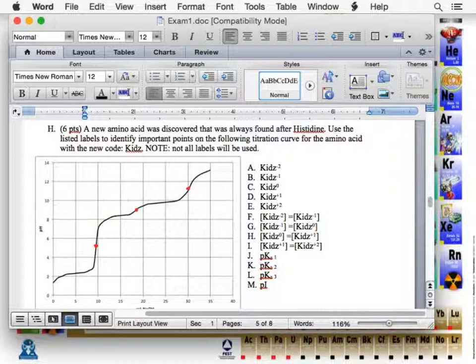And at our half equivalence point, what do we know? We know our pKa is equal to our pH, so at half equivalence point 1, I have pKa 1. Then I have pKa 2. And I have pKa 3.